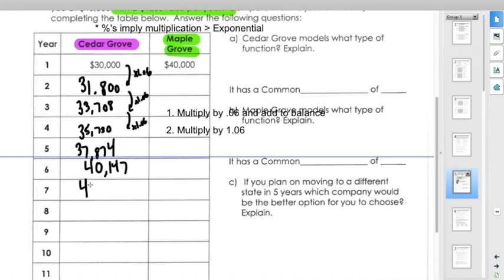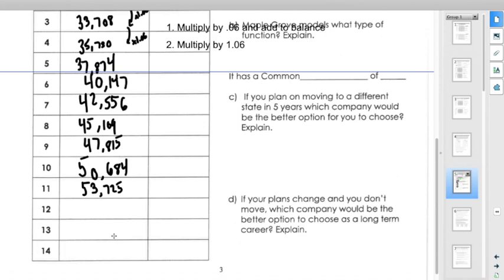Okay, so just keep filling in this table until it's all the way filled in. Okay, almost done here.